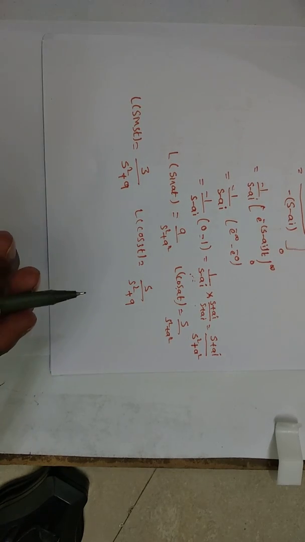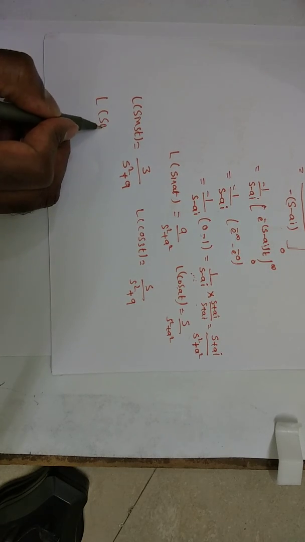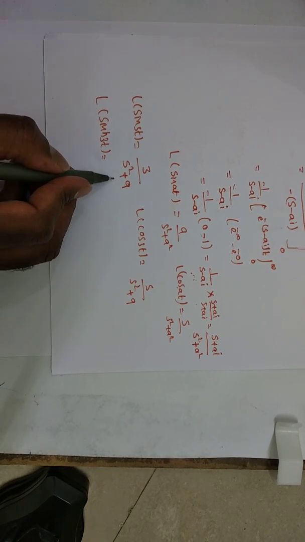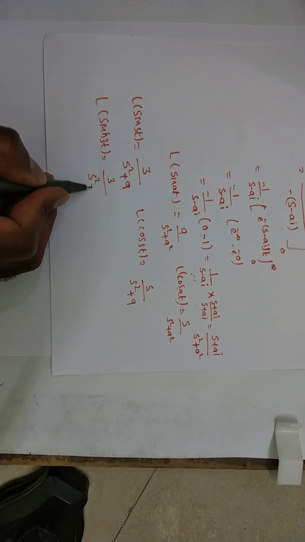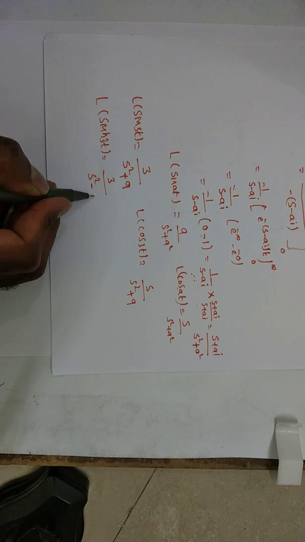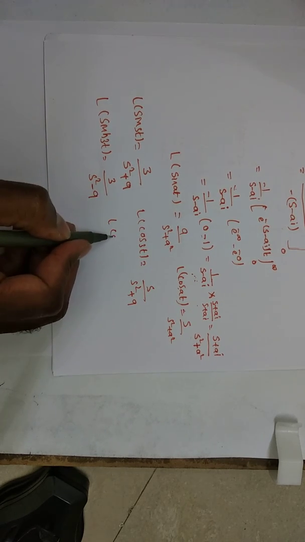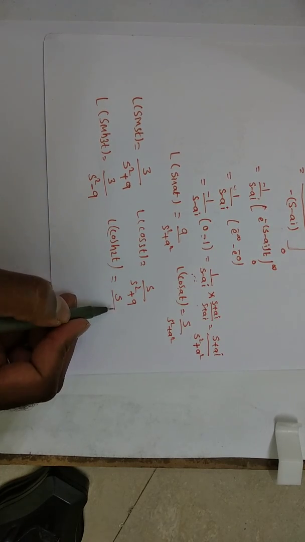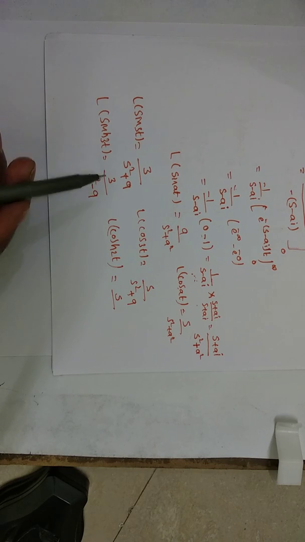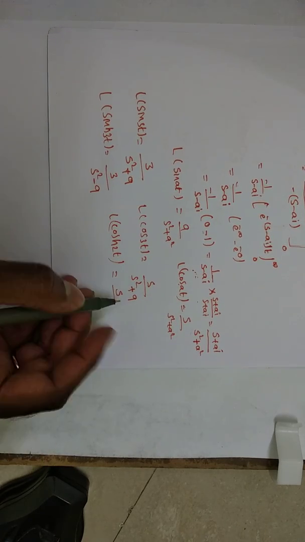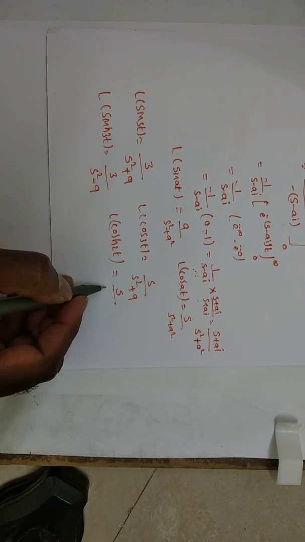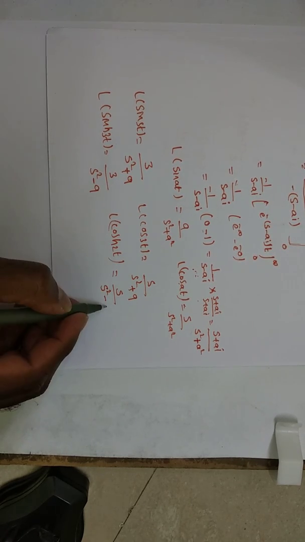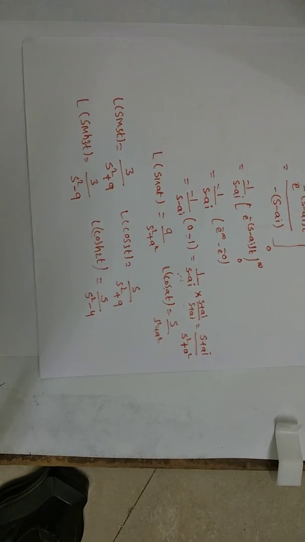Suppose they are asking hyperbolic, sinh(3t). Whenever hyperbolic is there, the numerator is a only, but the denominator is s square minus a square. Suppose L of cosh(2t). Cos is nothing but the numerator should be s, and sin is nothing but the numerator is a, whether hyperbolic or normal function. Now for cosh, s square minus, since hyperbolic is there, 2 square means 4.